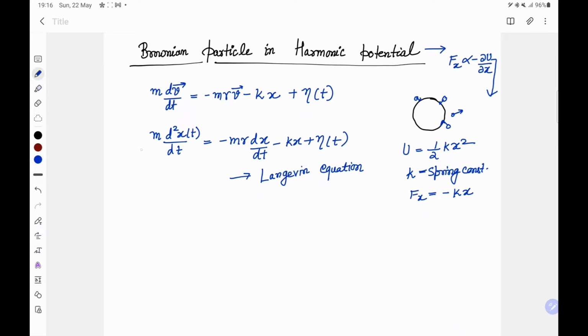Now there are two time scales in the problem. One time scale is the Brownian time scale, tau b equals gamma minus 1, which comes from the drag term. The other is due to this potential.